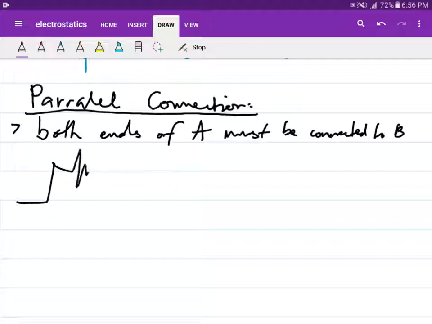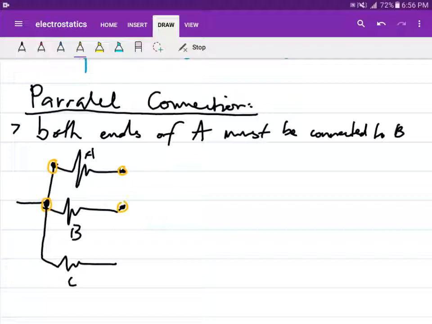What we mean by both ends: if this is resistor A, these are its ends. This should be connected to the end of resistor B. So you will see this is the end of A, this is connected to B, this B is connected to C, and so on.